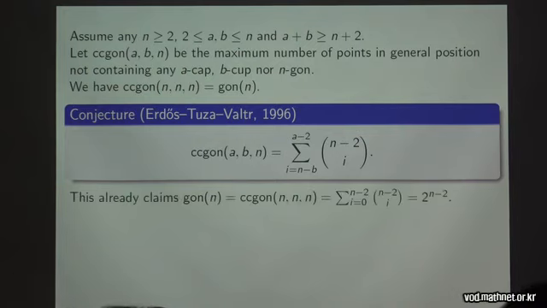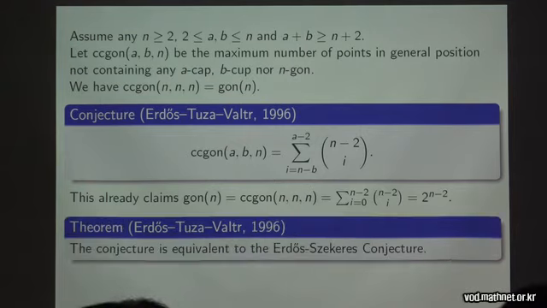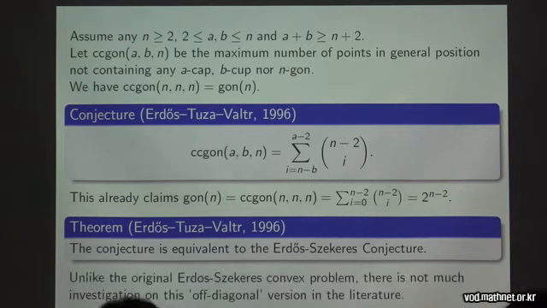So if we add everything in a row, we get a power of 2. So this already claims the original Erdős-Szekeres conjecture. It seems to be much more powerful, but what Erdős, Tuzel, and Waltra have shown is that this conjecture is actually equivalent to the Erdős-Szekeres conjecture. I'm going to tell you why this is true.